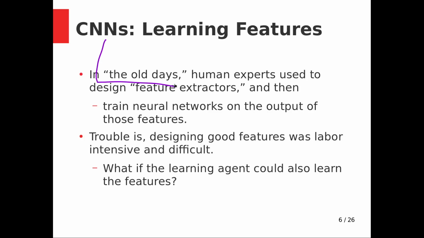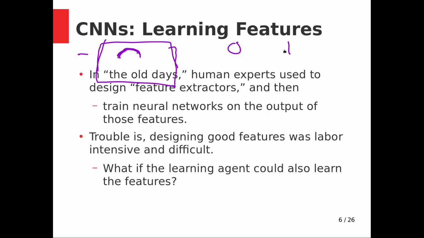So if you have an image of a digit, someone might theorize that looking for a sort of arc is a good thing to look for to recognize a digit. So they'd write a little program that had a mathematical definition of some kind for an arc, and then they would run that over the image and feed a neural net with, for example, 0 or 1 based on whether it had the arc or not.